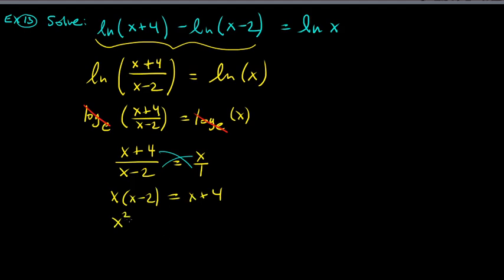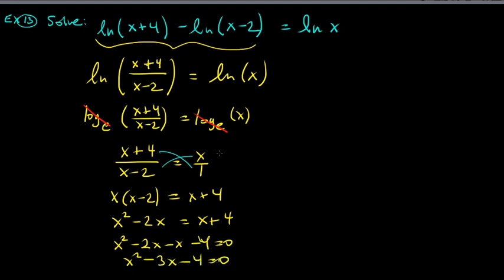So multiplying this out, x squared minus 2x equals x plus 4. Gather everything on the left. So x squared minus 2x minus x minus 4 equals 0. So you get x squared minus 3x minus 4 equals 0.